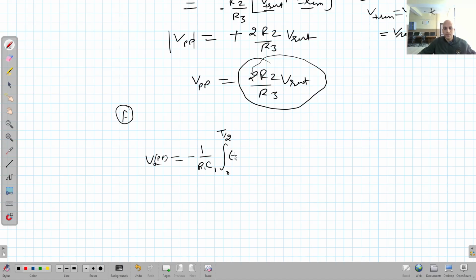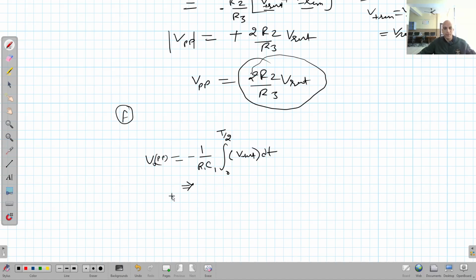Now V in is negative V saturation, dt. So when you simplify it, you do the integration.